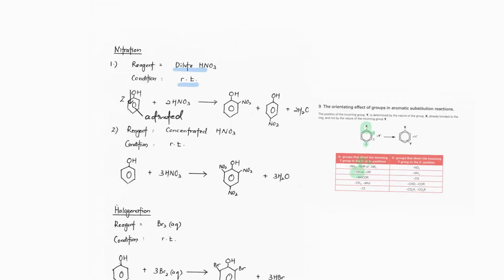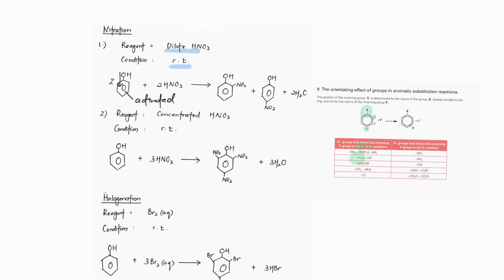Therefore, for the nitration reaction, the products will be 2-nitrophenol and 4-nitrophenol. If the condition is slightly harsher, with concentrated nitric acid and no longer room temperature, the substitution will be tri-substitution.